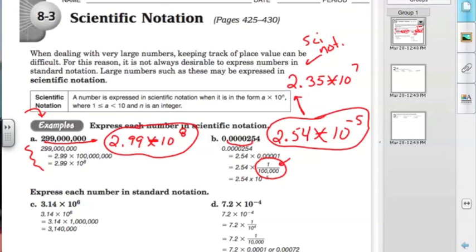All right. Now, if we go backwards and we have a number that's in scientific notation and we want to change it, then all we have to do is think about multiplying by the power of 10. Anytime you multiply by 10, you move the decimal point that many places. So if I have 3.14 and I'm going to multiply by 6 tens, I'm going to move it 6 places. So I go 1, 2.